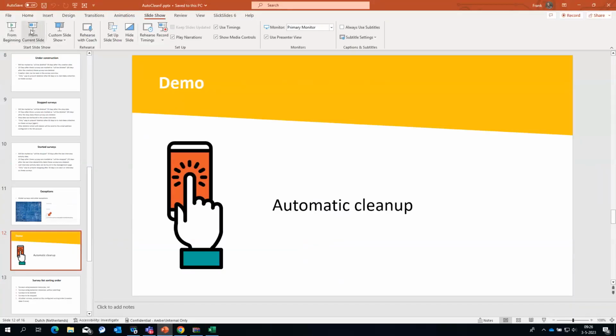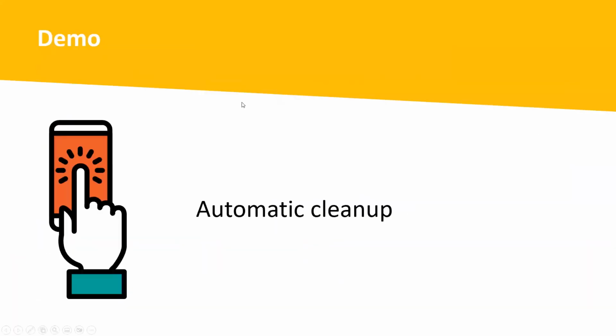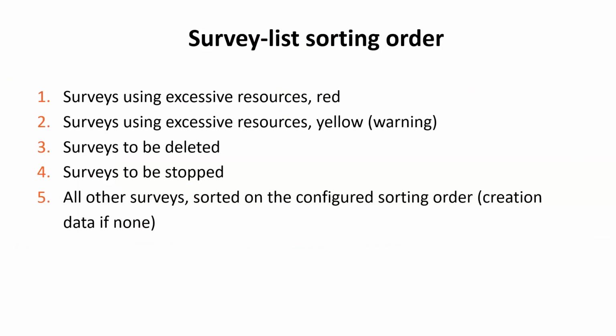Let's go to the one thing that I promised you, the actual sorting order of that survey list. The first surveys that will be sorted on top are the surveys that are using excessive resources. There's a separate academy that deals with how to handle these surveys, so I will not go into details, but this is the most serious one.